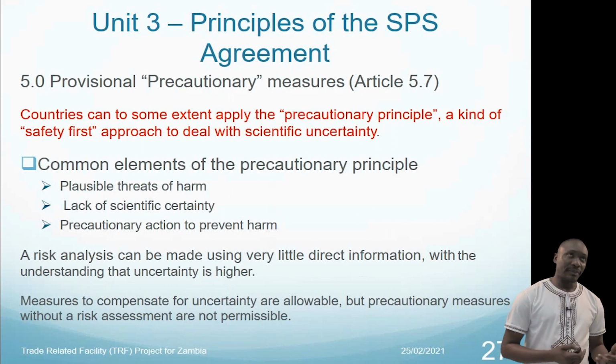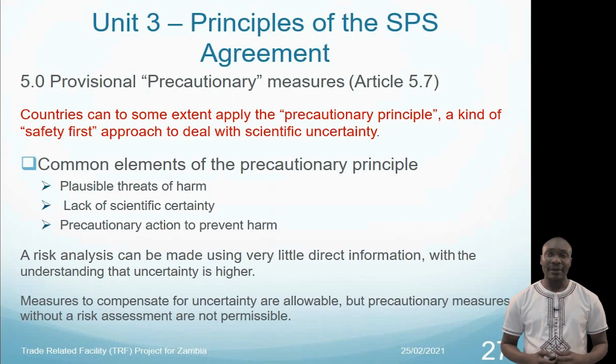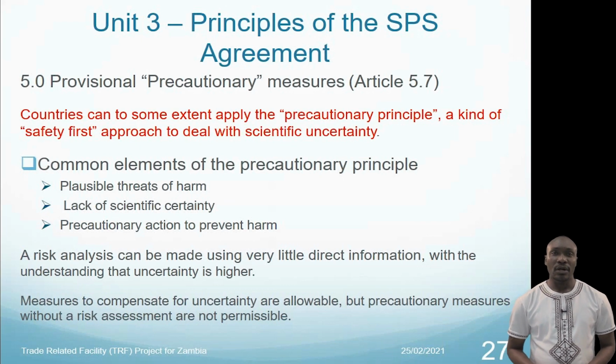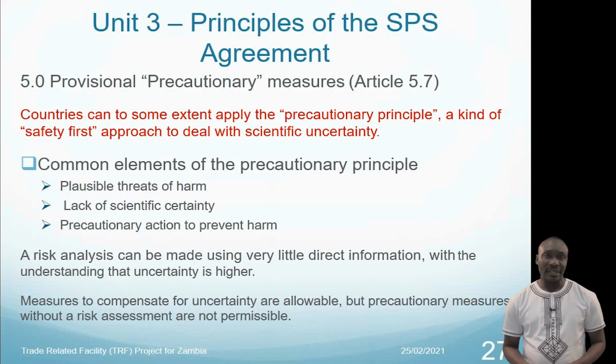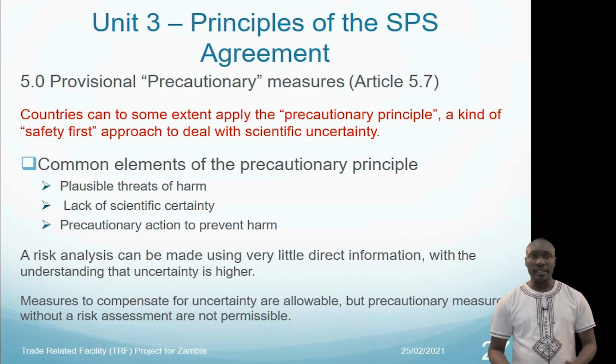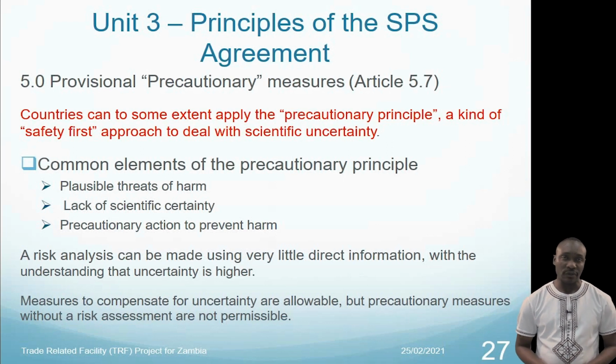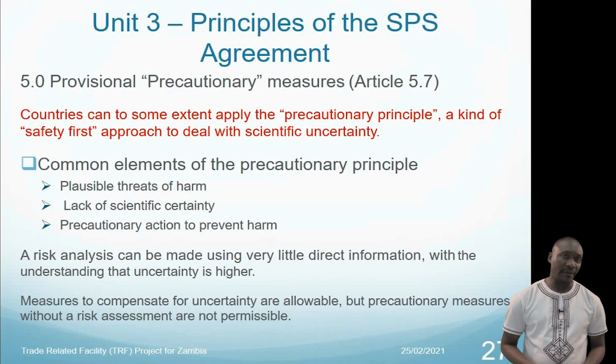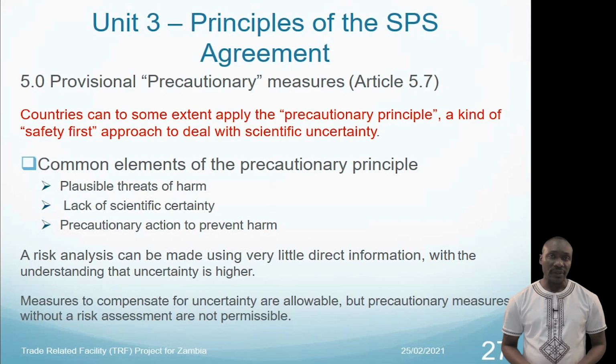This is something that gives the right to authorities to say, in the absence of a detailed study about the risk, we have information about the hazard and, of course, the characterization of the hazard. It can do this amount of harm and damage if allowed in our territory.